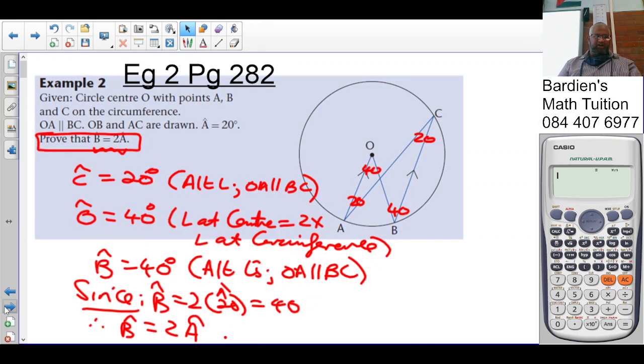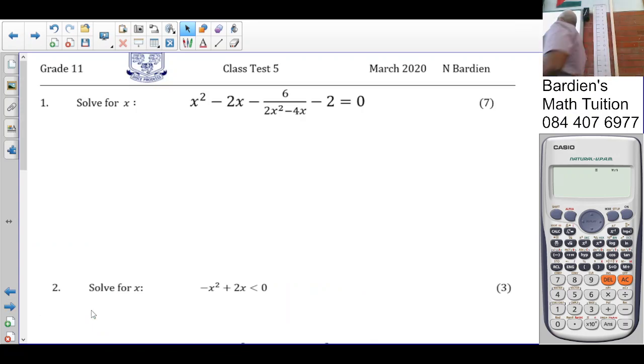This was class test 5. The question says solve for x. People, we spoke about k substitution. Not so?